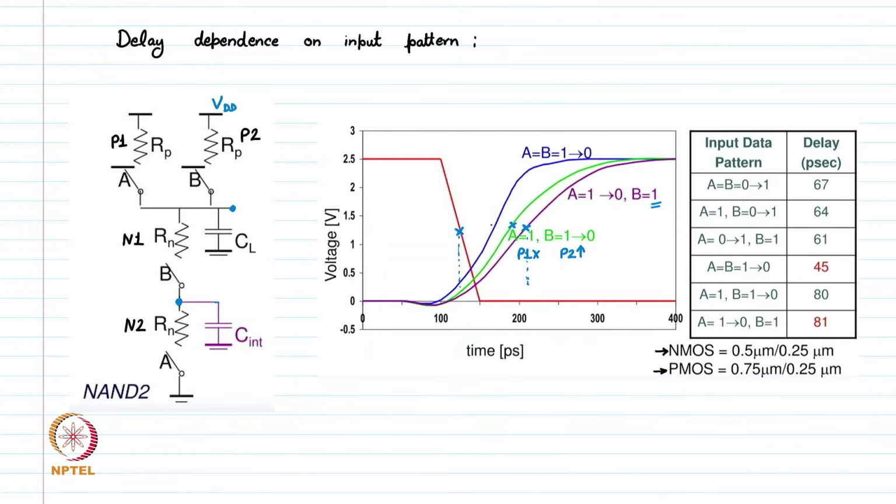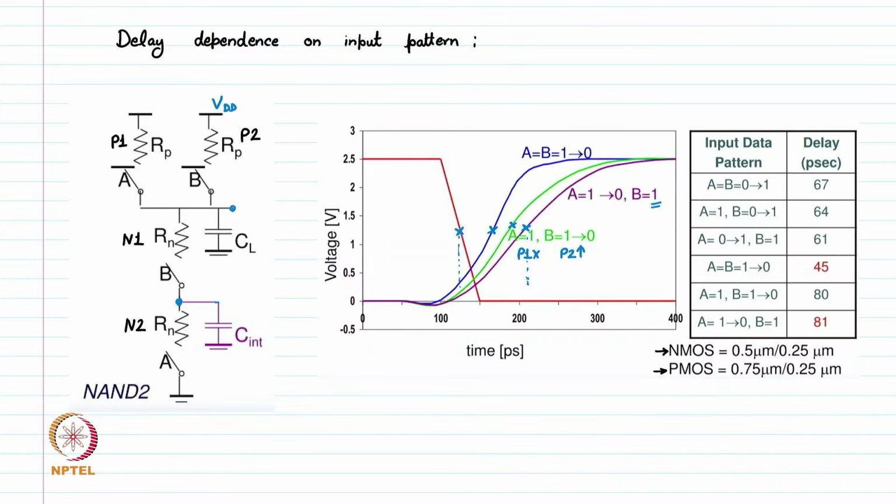If A and B both are going from 1 to 0, it means both P1 and P2 are turning on and both N1 and N2 are turning off. C int is don't care, because this intermediate node, we are not worried about this voltage.